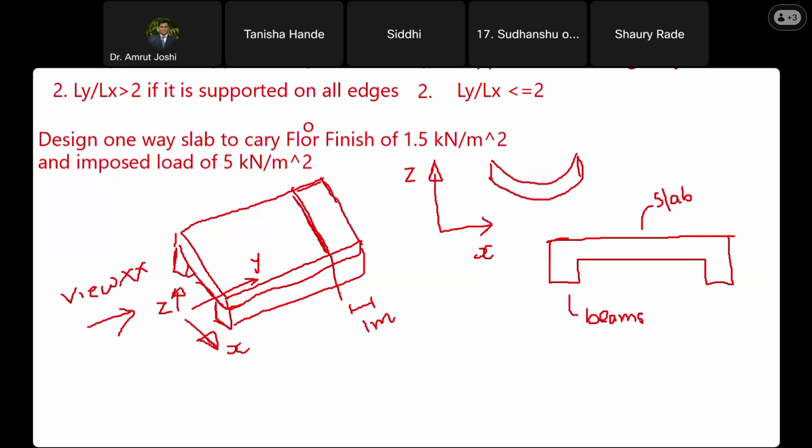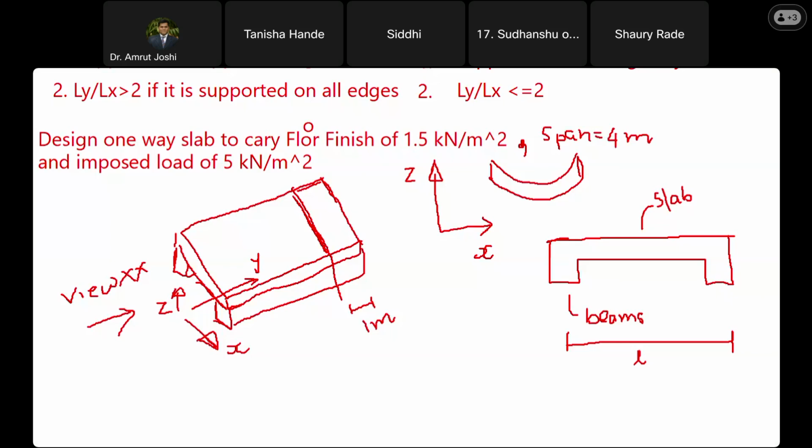Yes, sir. And now I need to know the span of this slab. This slab is going to bend along this span. So let me say L is the span of the slab, and in the example the span is given to be 4 meter. Are you with me?